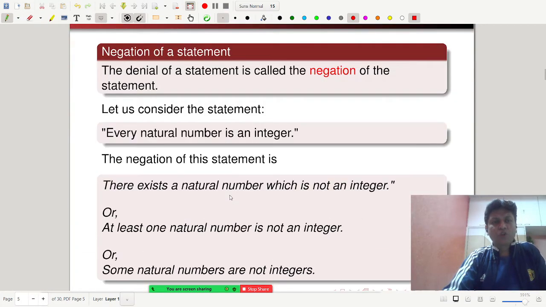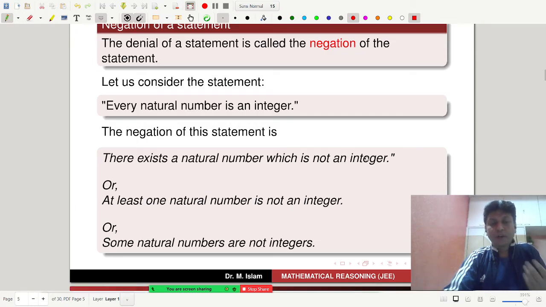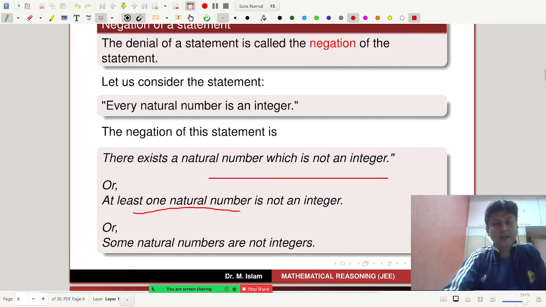Now I will talk about negation of a statement. Negation is the denial of a statement. Let us consider the statement, every natural number is an integer. The negation of the statement you can write in three ways: there exist natural numbers which are not integers, or at least one natural number is not an integer, or some natural numbers are not integers.